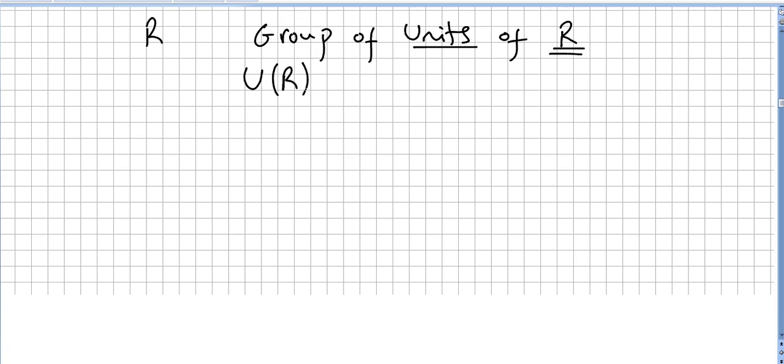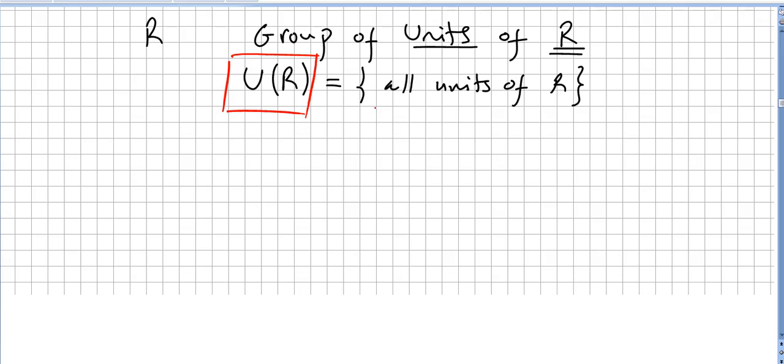Okay, and this is the usual notation. So all we have here is all units of R. Very easy to check that this is a multiplicative group.